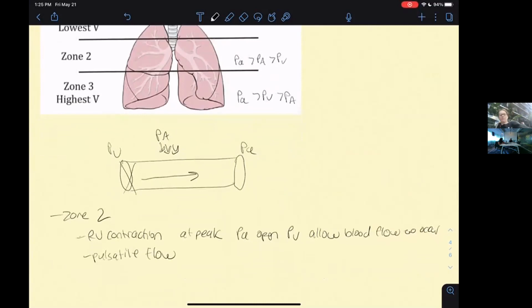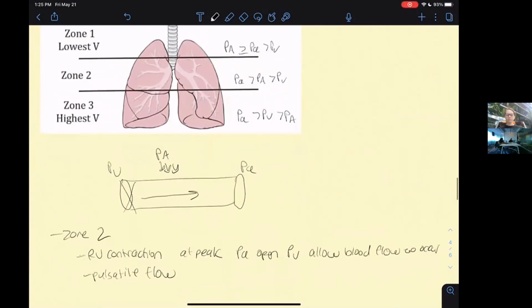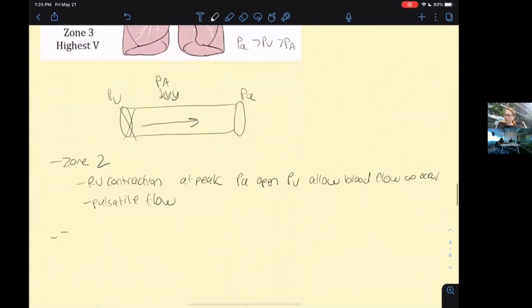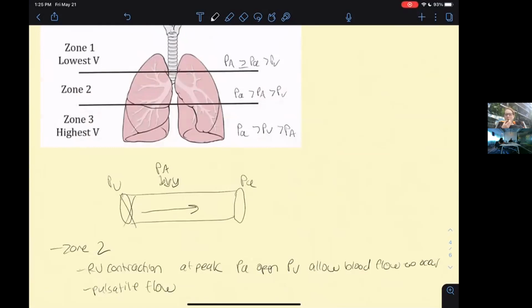Yeah, and then zone 1, we have our alveolar pressure, since we're closest to the top of the lungs. That's going to be our greatest pressure, and that is greater than or equal to our arterial pressure, which is greater than our venous pressure. So it has to be equal to in this case, because if it was just greater, it would just compress on the capillaries, right?